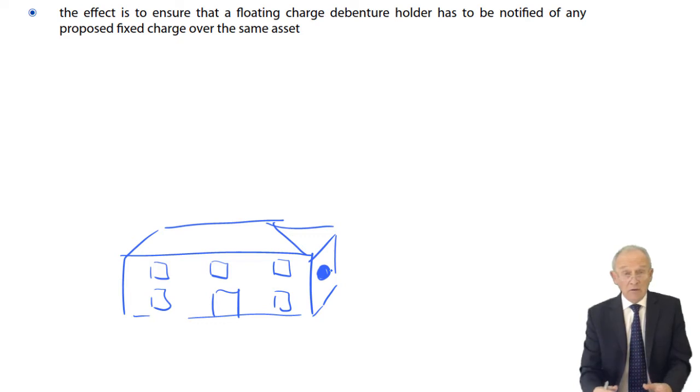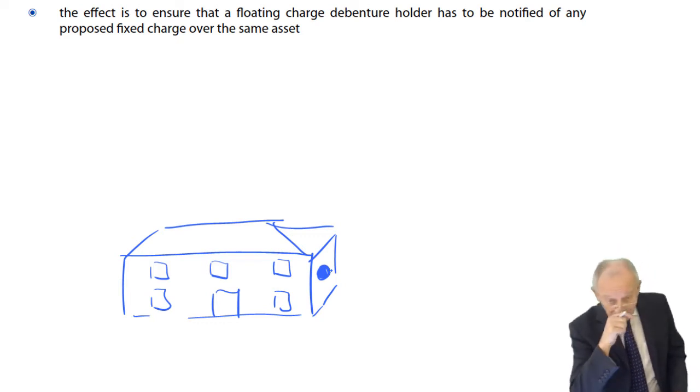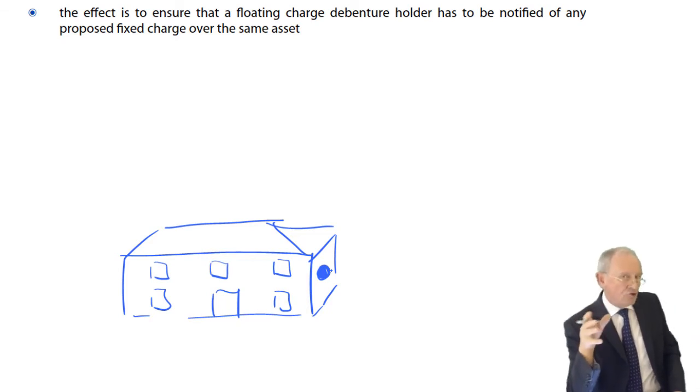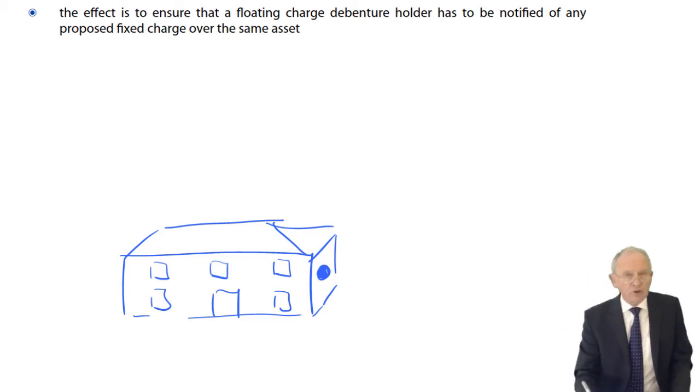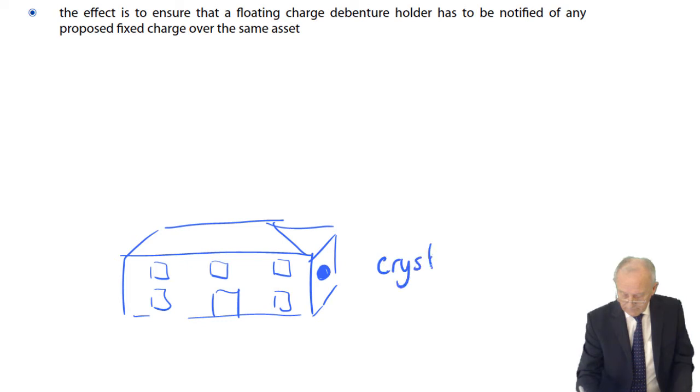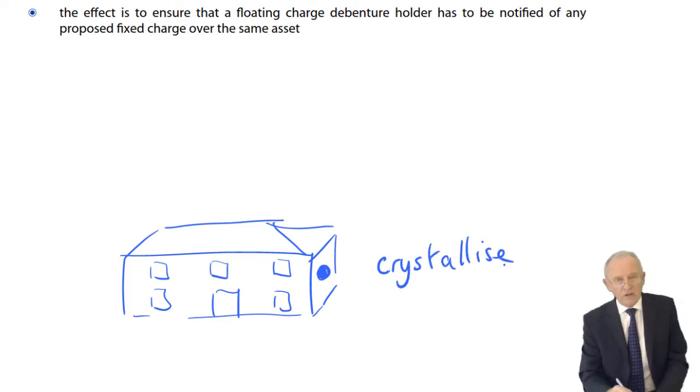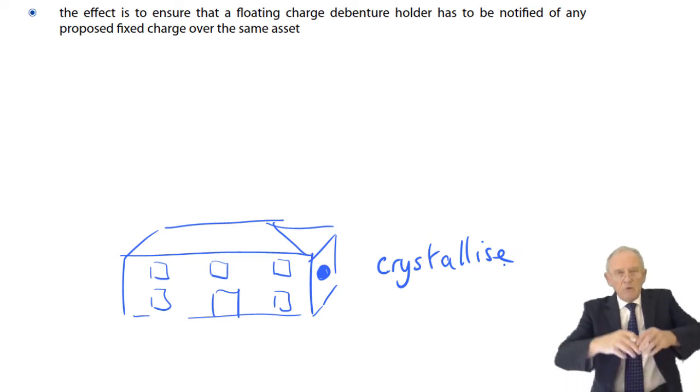And it will stay there. It's not a problem. It doesn't explode until the company breaches the terms of the loan agreement. And in that event, this charge will crystallize.